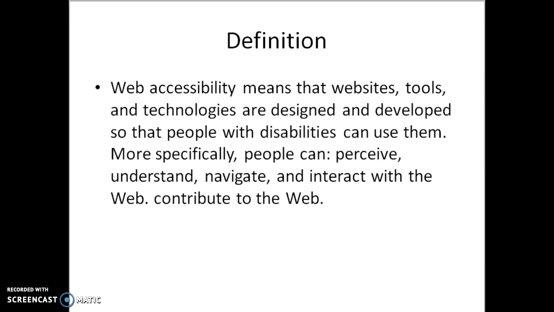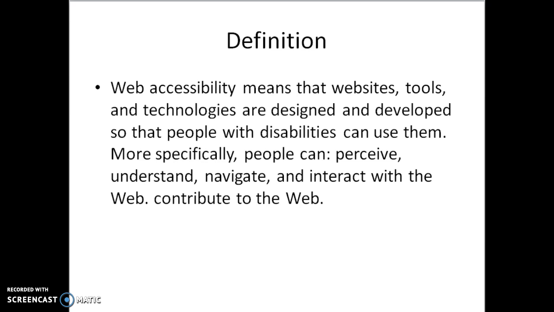Web accessibility just basically means websites, tools, and technologies that are designed and developed so people with disabilities can use them. Basically, it just means a person that, say, is blind can access an article or something like a normal person would and be able to gain information from it, just in a different way.